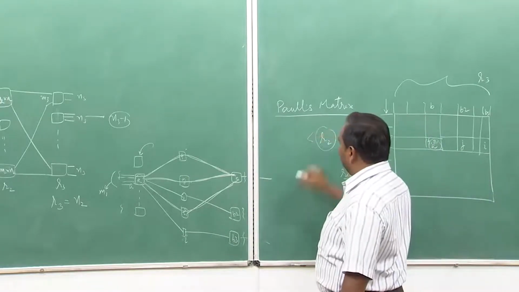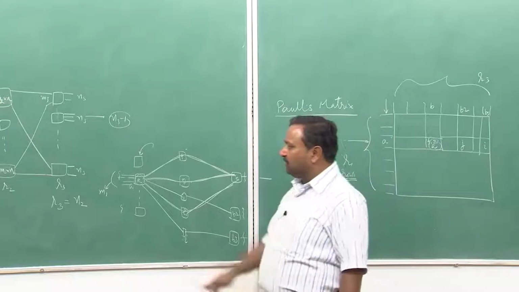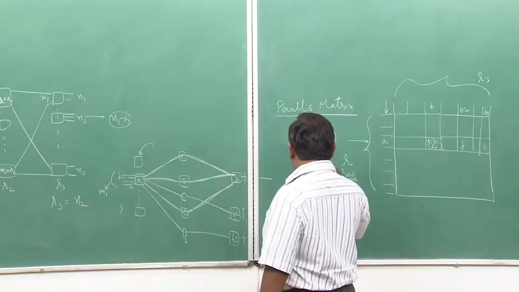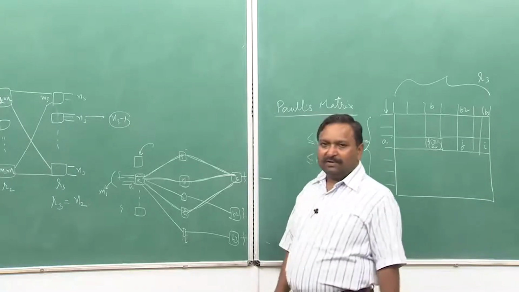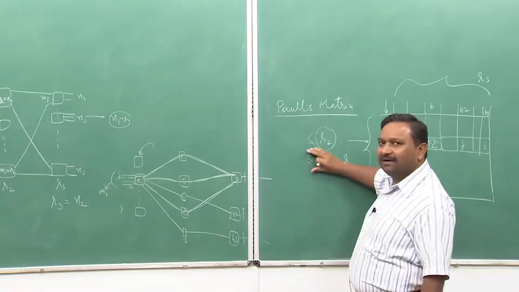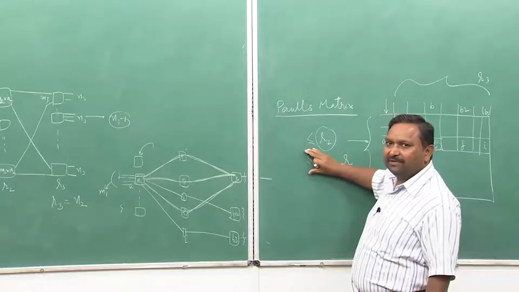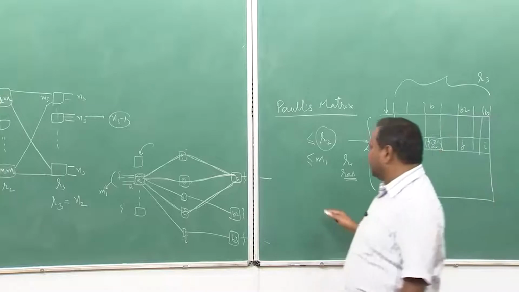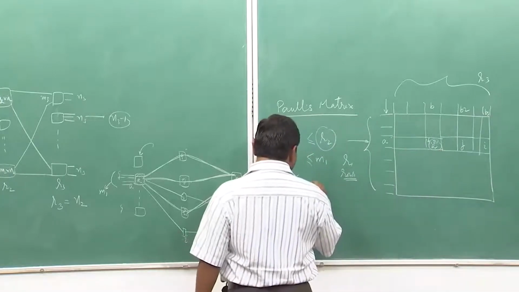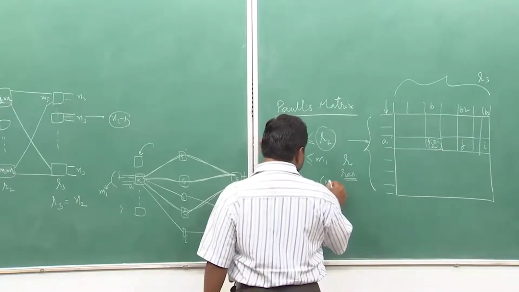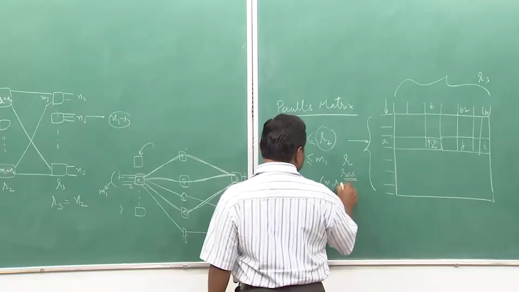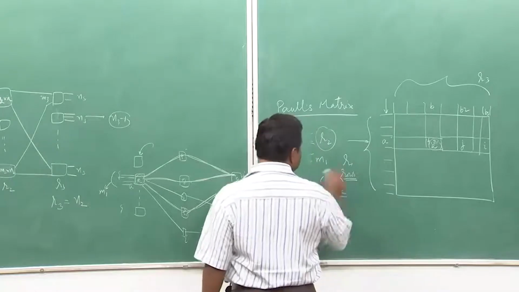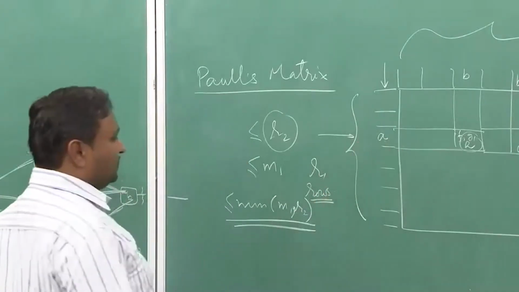So, they have to be less than R2. They also have to be less than or equal to M1. So, if M1 is smaller, it has to be lower than M1, the number of elements in the row. Which actually implies the number of elements has to be the minimum of these two, M1 and R2. So, the number of elements in a row will satisfy this condition.